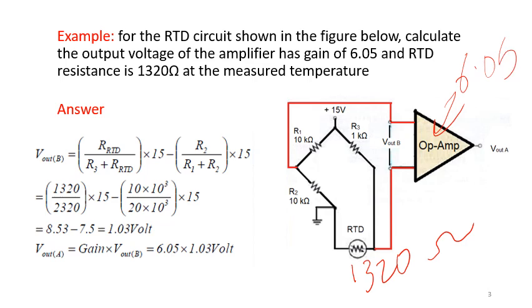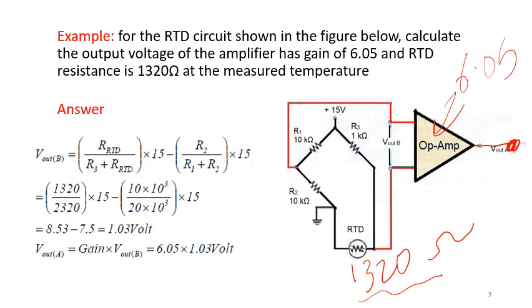So we need to calculate the output voltage. Output voltage is the voltage here. We need to calculate it at measured temperature. That means there is a temperature measured which makes the resistance this much. What will be the output voltage?